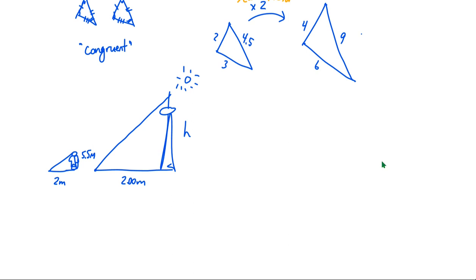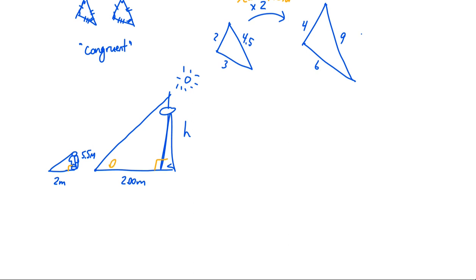Now I have a situation of similar triangles because this one is a right angle, it's 90 degrees, because the CN Tower is perpendicular to the ground. And this one is a right angle because the statue is perpendicular to the ground. So we have one angle that's the same in both. It's the same sun that's casting a shadow, so the sun is going to hit the ground at the same angle.